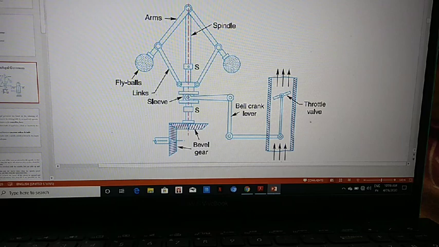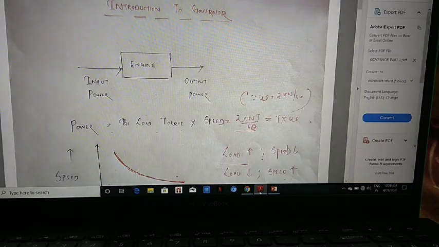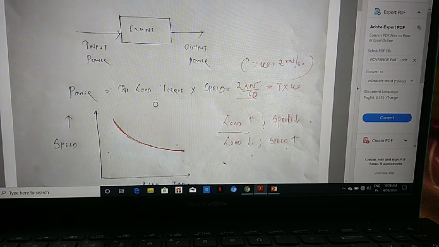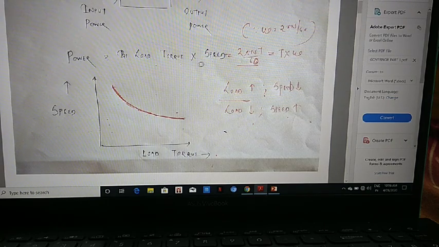So we are going to start with the relationship between its speed control and its output power. We always want to design an engine which operates at its maximum efficiency. Let's suppose this is the input power and this is the output power, and power is nothing but the loading torque into the speed, which is equal to 2 pi nT by 60.